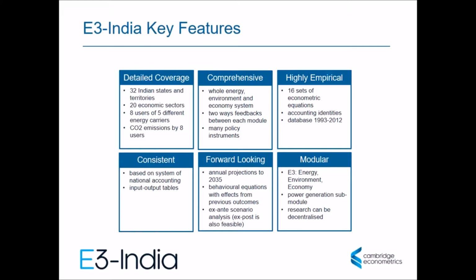The first box I've already talked a bit about, just the dimensions and the disaggregation in the model. So having the states and territories, but also the sectoral disaggregation as well. Particularly for energy and climate policy, where different sectors have different options for, say, fuel switching or efficiency improvements.